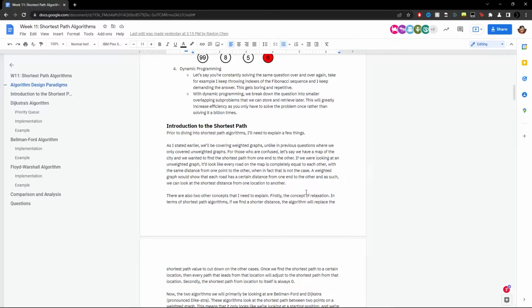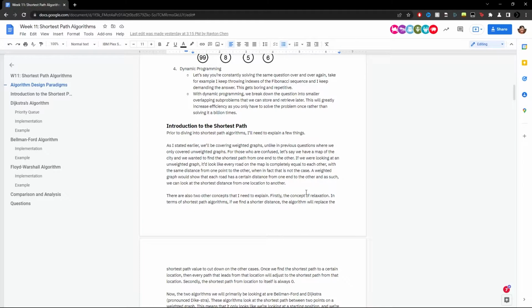And there are 2 other concepts that I need to briefly explain. First is the concept of relaxation. In terms of shortest path algorithms, relaxation is when we find a shorter distance, the algorithm will replace the shortest path value to cut down on the other cases. So if we already find a shorter path to a certain location, then we can cut down on the other cases.